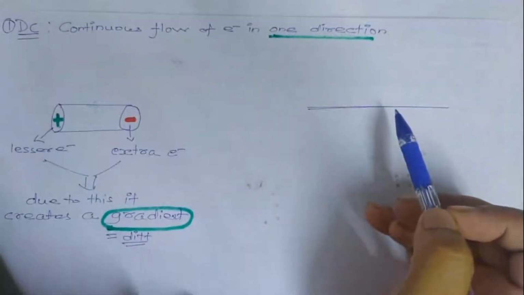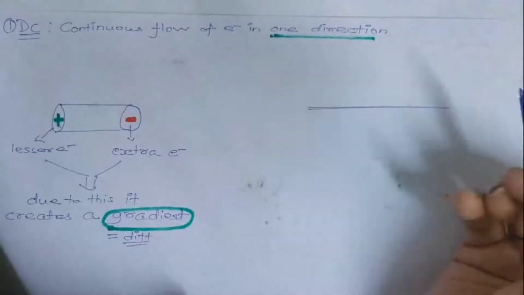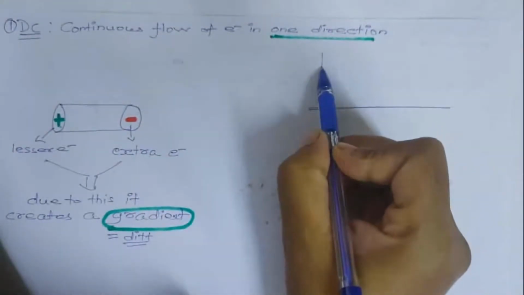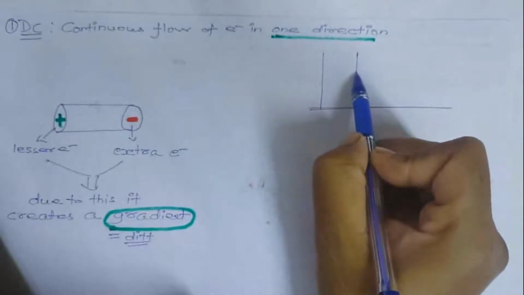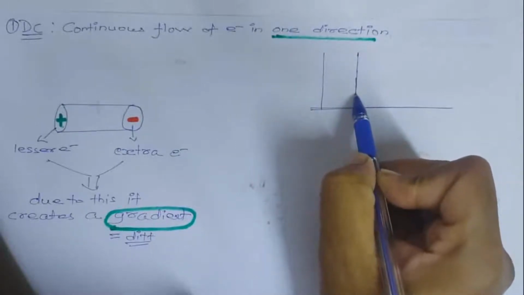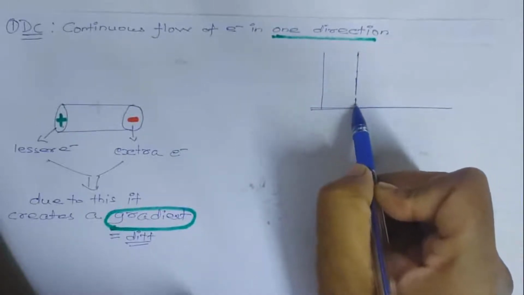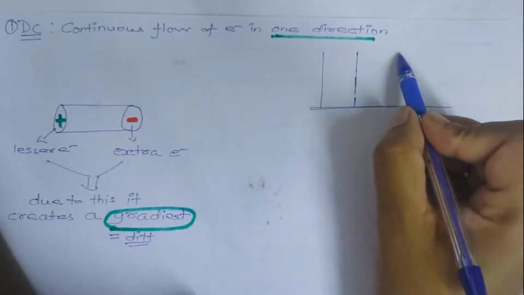Suppose there are two glass beakers, just pay attention here, and they have an opening. Both of them have an opening here.